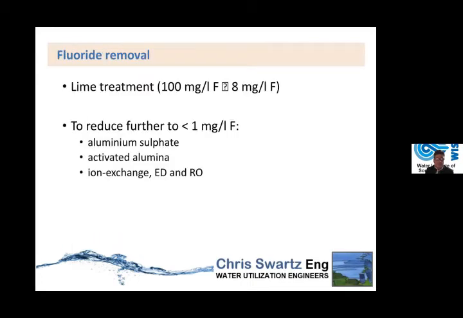For fluoride removal, you're normally looking at reducing to less than 1 milligram per liter. You'll also recall that there was an incentive, or not an incentive, but a development by the government about 10 or 20 years ago to actually dose fluoride to some water sources with very low fluoride concentrations.